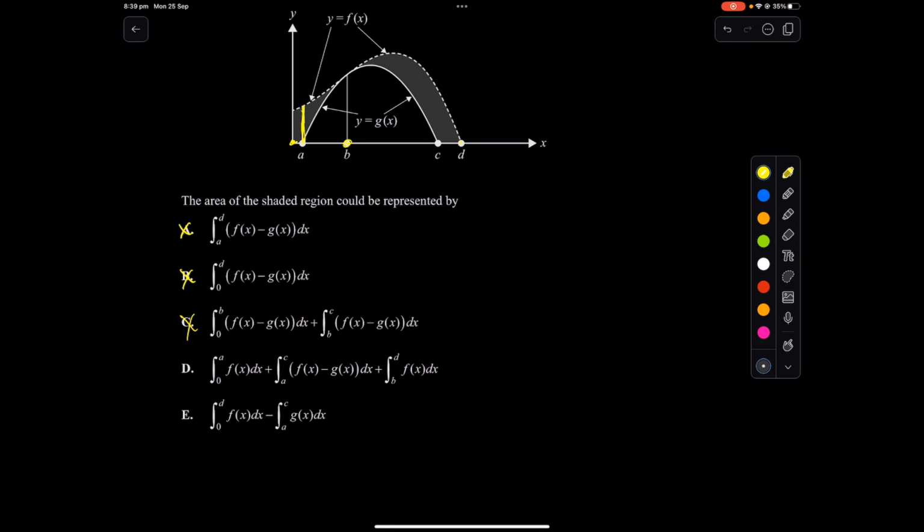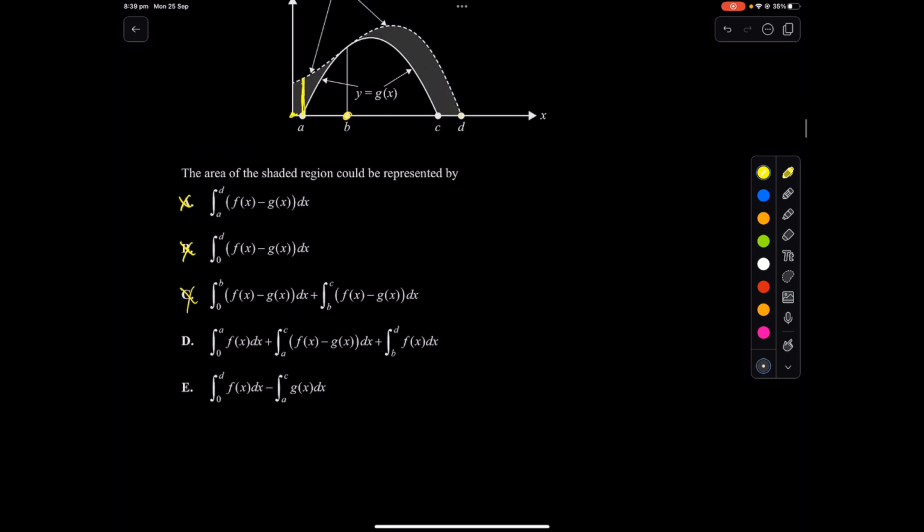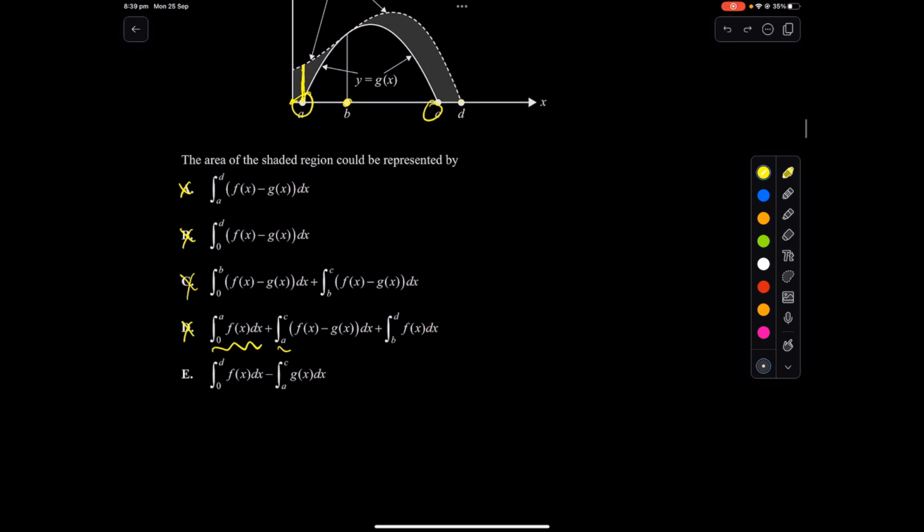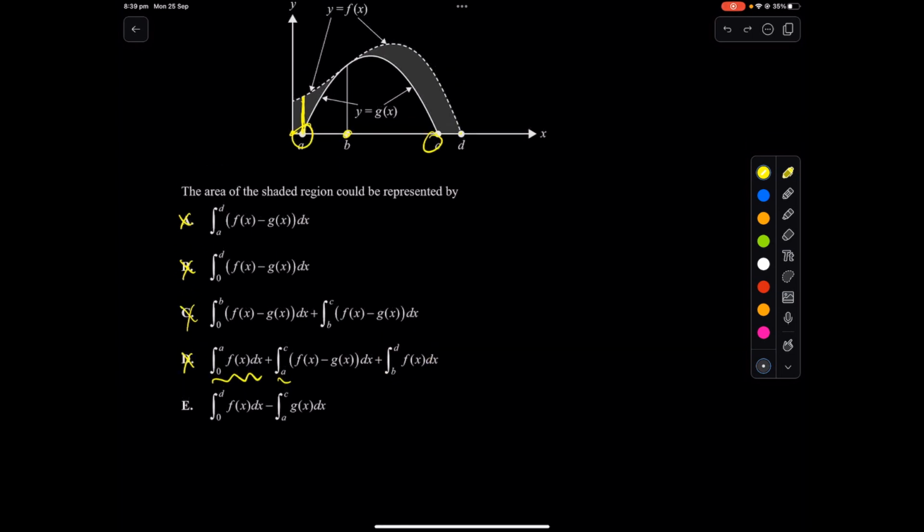So 0 to A, okay, this one nicely considers 0 to A, where f of x is that. Then A to C, so this value to this value, where f of x is minus g of x. And the other one's B to D. No, this statement's not making sense.